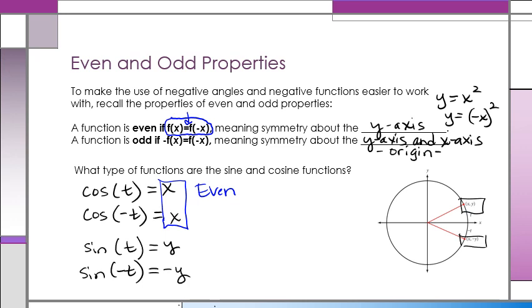So not only have the inputs changed, but the outputs have changed as well. And that is exactly what an odd function says. So notice that we started with a positive x in the original definition, and the new input was negative. We ended up with a positive on the f, and we started with a negative. So these two are just opposites of each other. That means that we have an odd function.